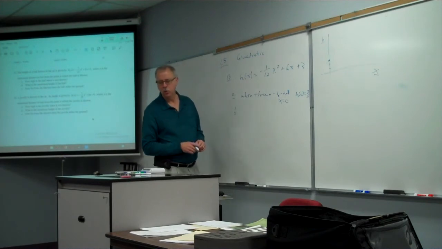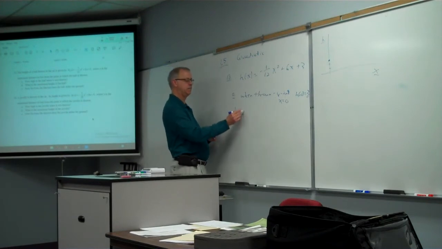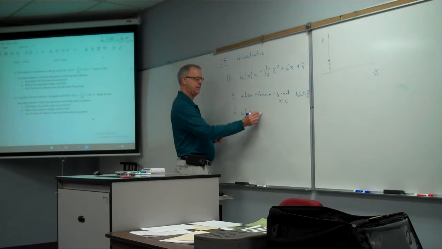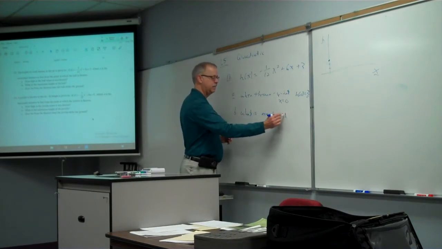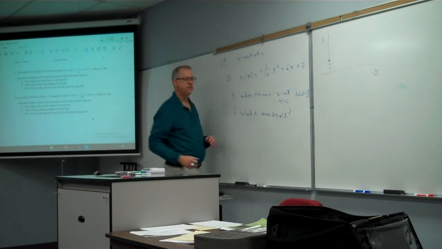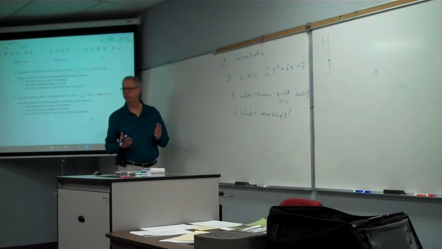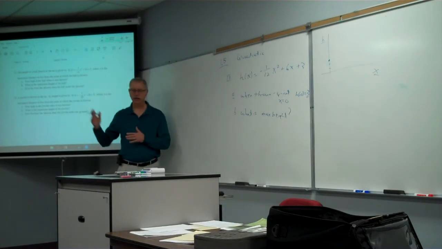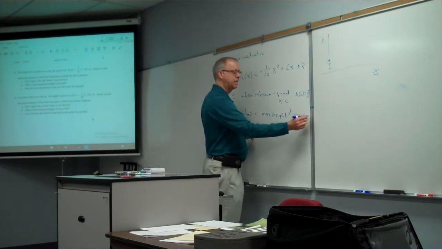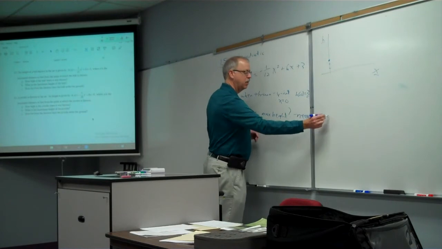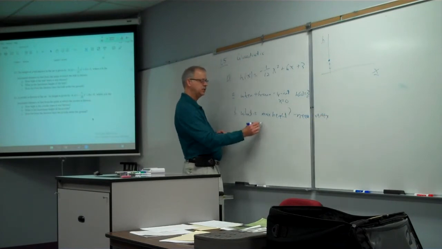B then asks, what's the maximum height of the ball? Now, in terms of that question, what are we going to need to find? The vertex. So we need the vertex. The x-coordinate of the vertex is at negative b over 2a.